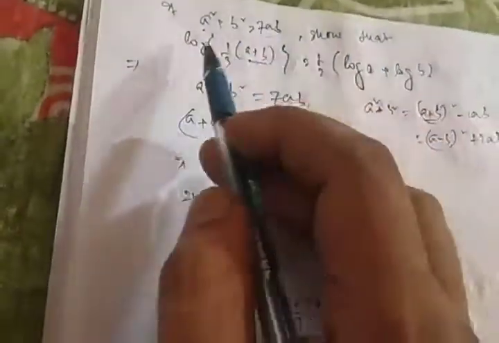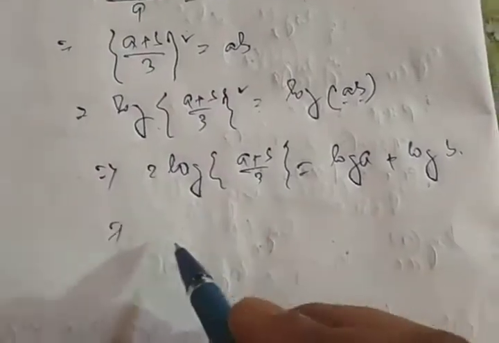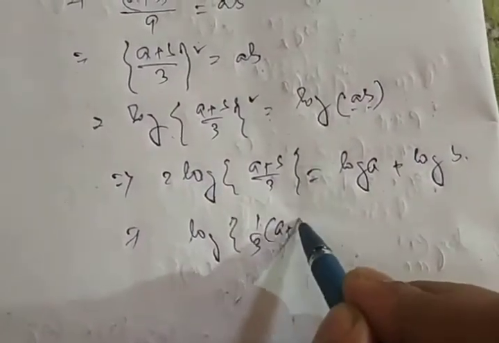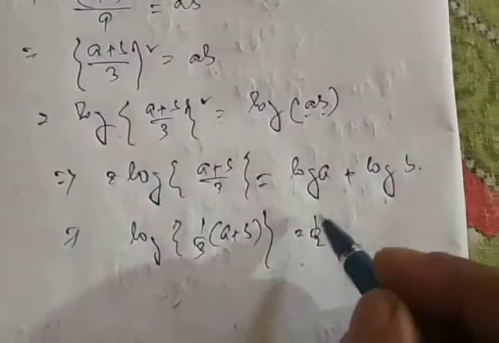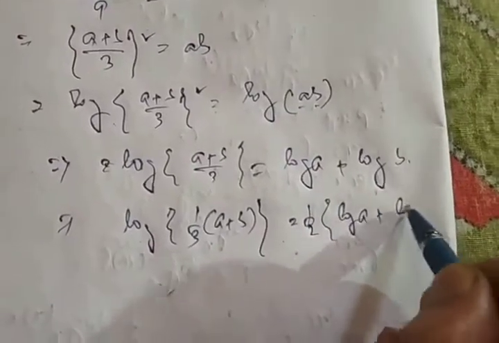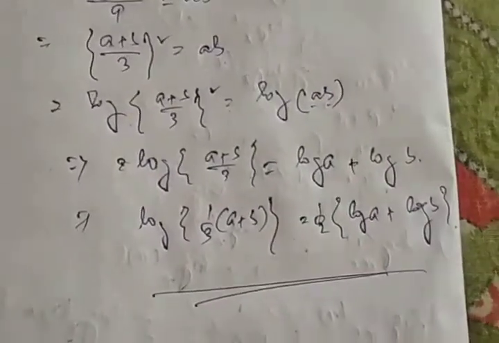As the base is not given, also in the proof the base is not given, the base can be 10, common logarithm. So log of 1/3 (a plus b) equals, taking out the division by 2, half of log of a plus log of b. This is the proof.